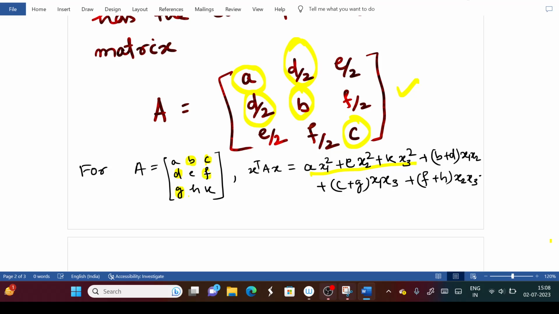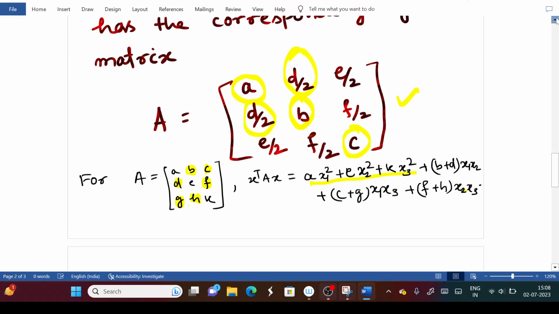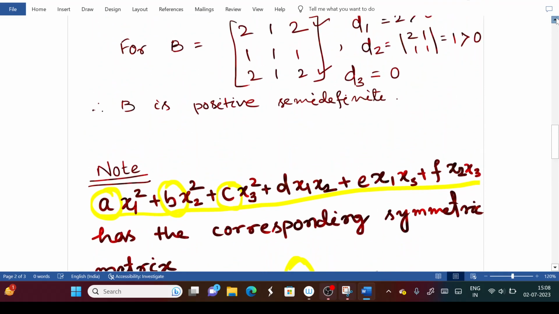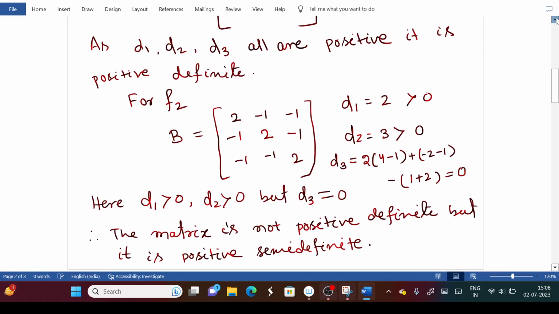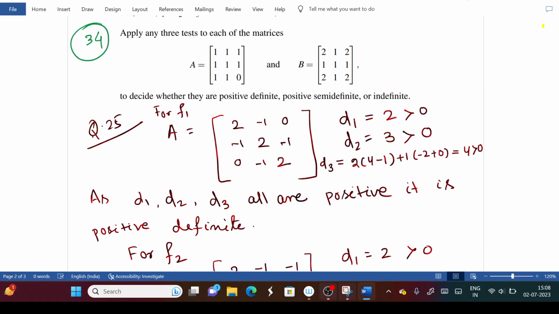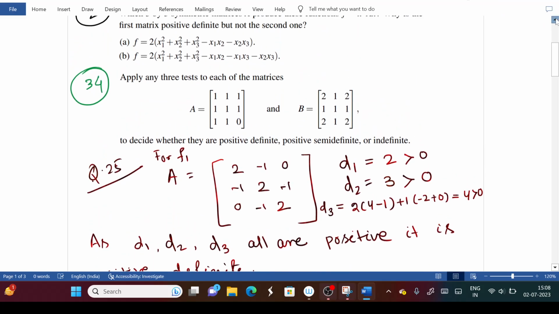Similarly, plus the sum of F and H into x2 x3. So this is the corresponding quadratic form, matrix to quadratic form. This formula we have already discussed in an earlier video, but again, as per the public demand, I am making this video.